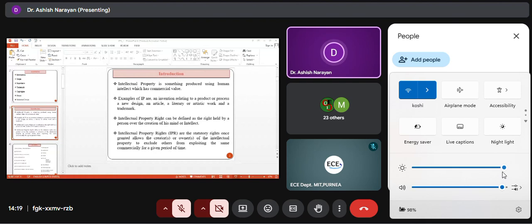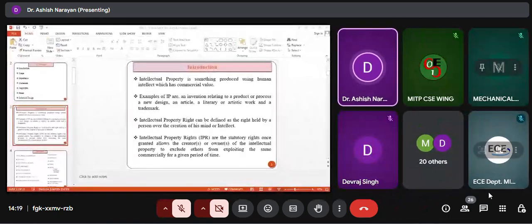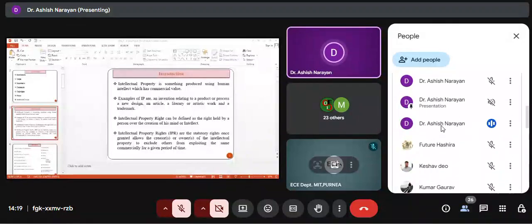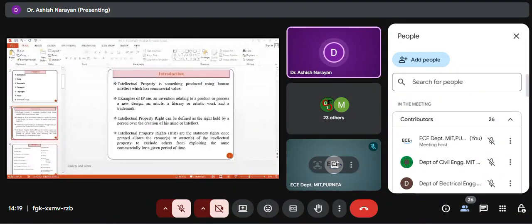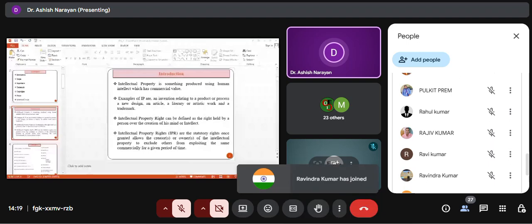The patent confers right to the patentee to exploit the patent for commercial gain and also to stop others from manufacturing and selling the patented product and process.